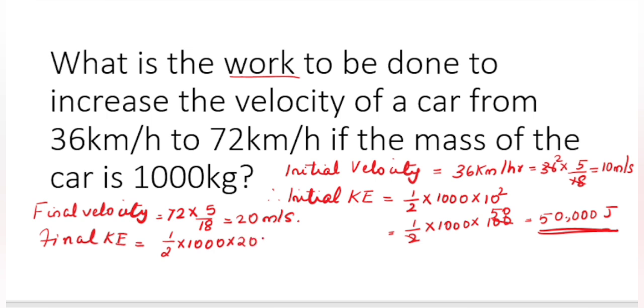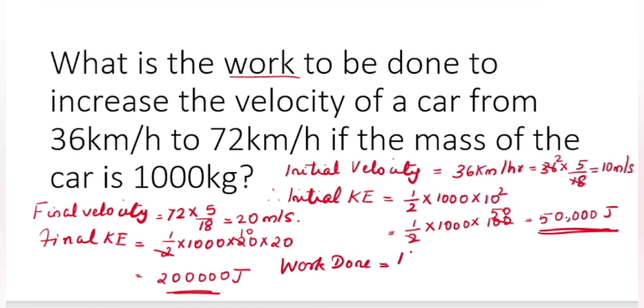If you simplify it, 20 can be divided by 2, we get 10, then you multiply, and you get 2 lakh joule as the final kinetic energy. That's obvious, since the velocity is doubled, the kinetic energy should obviously increase 4 times.